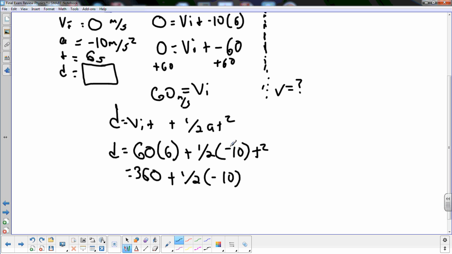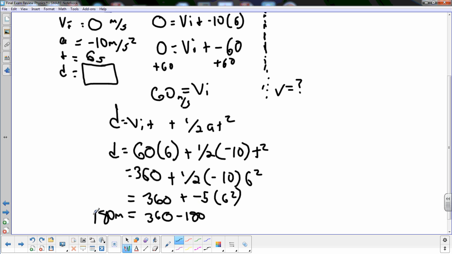So equals 360 plus negative 5 times 6 squared. I just multiplied those two together. Negative 5 times 36, because 6 squared is 36, negative 180. So equals 360 minus 180. And on a good day, that's going to give us 180 meters.